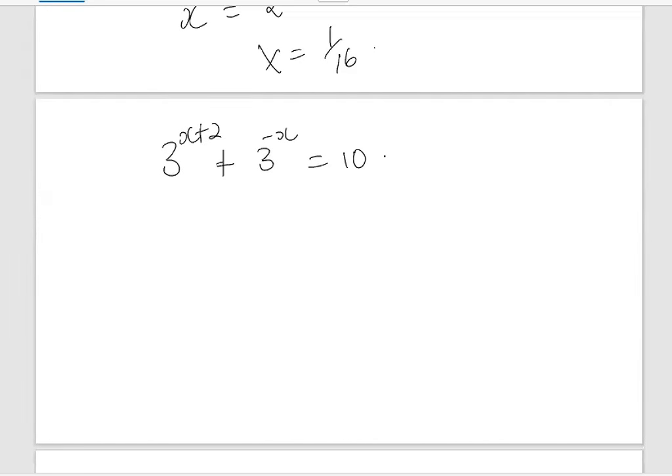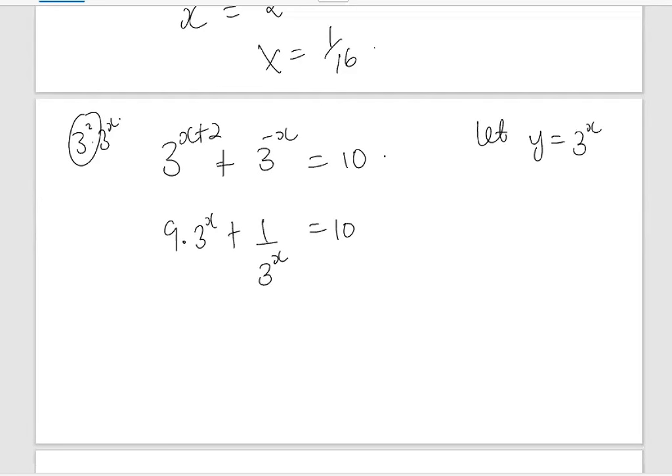So let's write this in a positive format, and we can also split this up. So that's going to be like 3 squared times 3 to the x. So we know that 3 squared is a 9. So that's a 9 times 3 to the x plus that's a 1/3 to the x is equal to a 10.